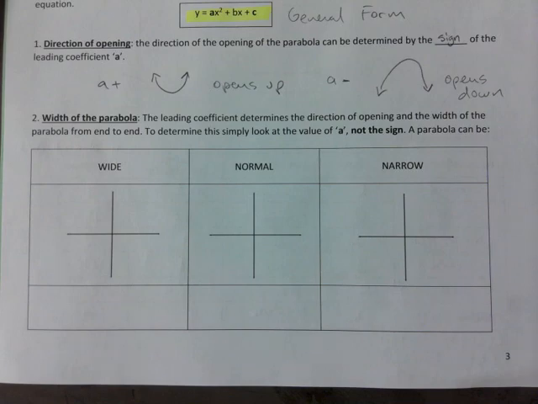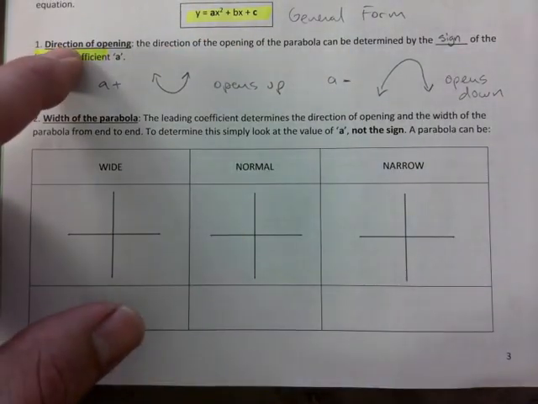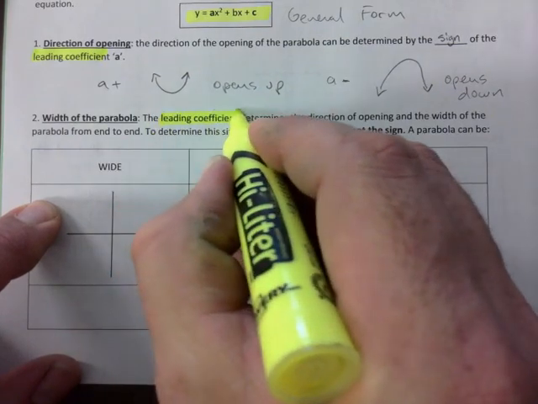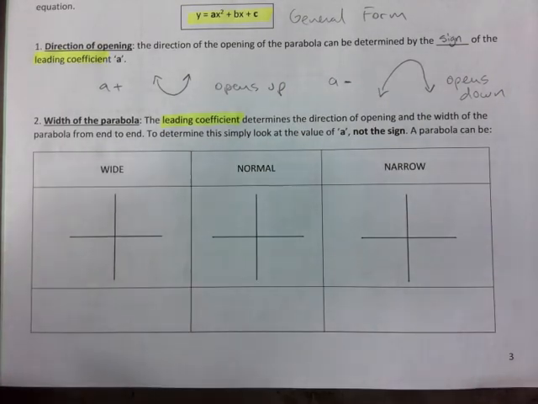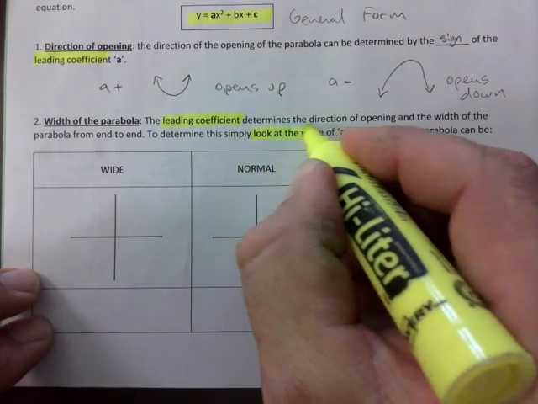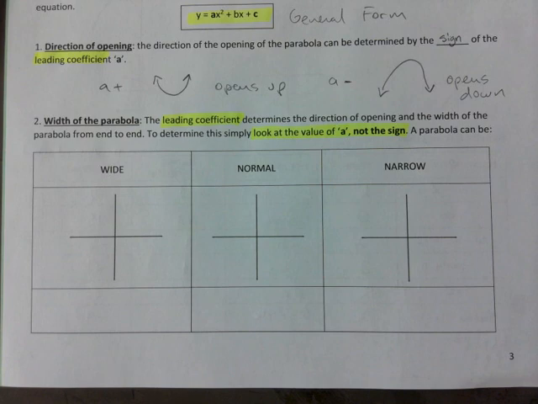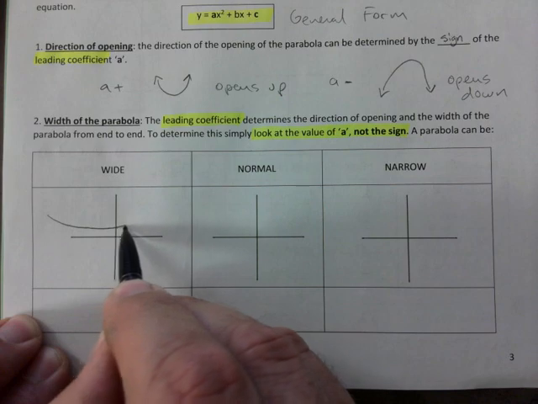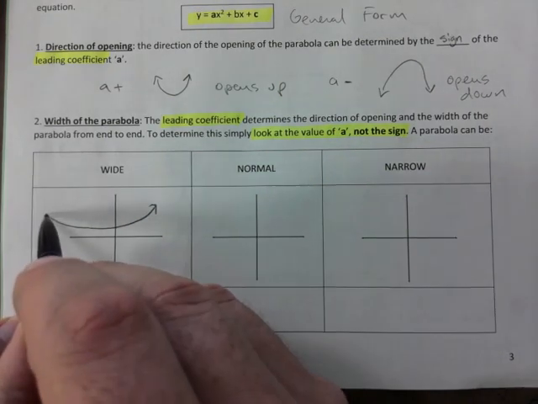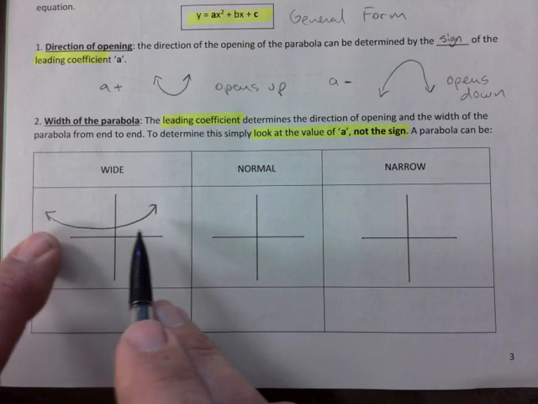The width of the parabola. So the leading coefficient told us the direction of opening, and the leading coefficient will also tell us the width of the parabola, how wide it is. We simply look at the value of A, not the sign, to determine this part. So a wide parabola is a parabola that clearly just opens up slowly.